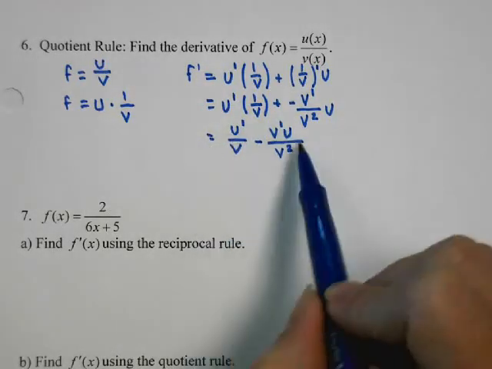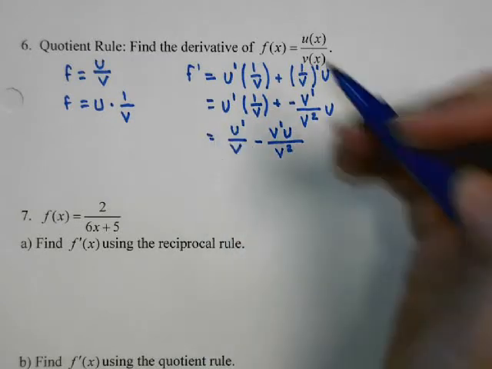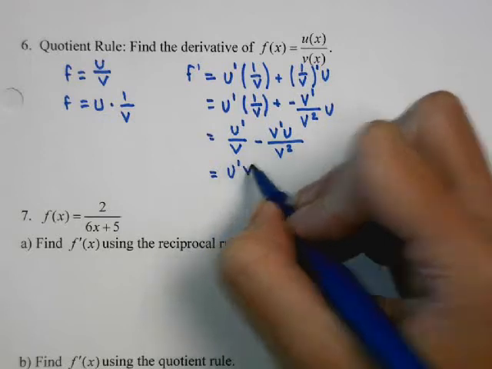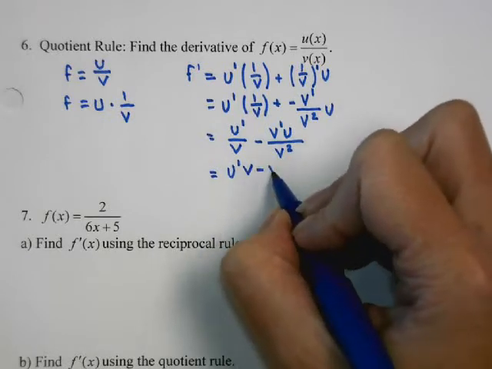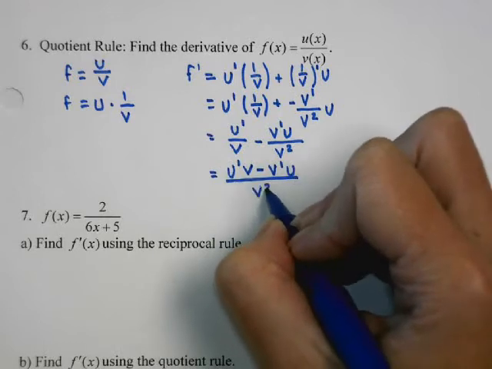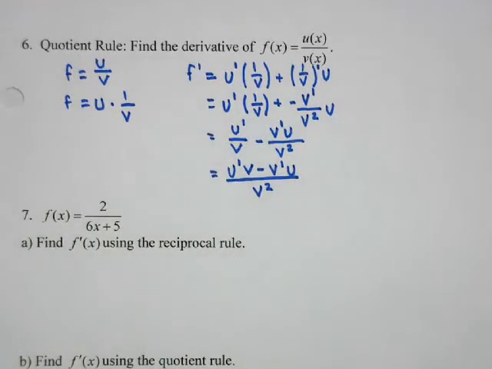I'm going to get a common denominator here, so I'm going to multiply this by v over v. So this is going to be u prime v minus v prime u over v squared. And this is the quotient rule.